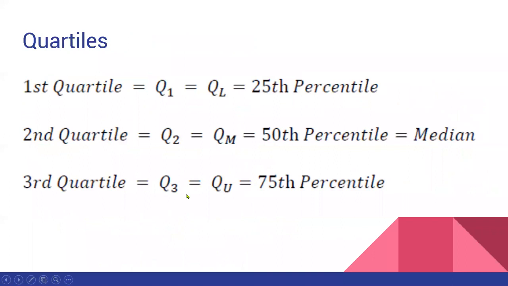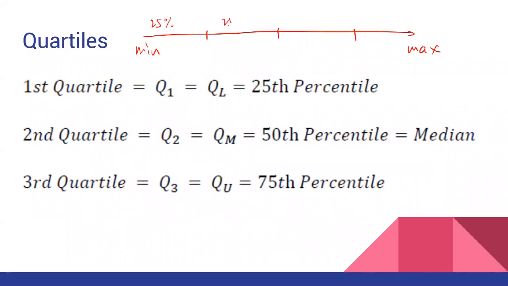Next concept. Next concept is called quartiles. This means that for a sample that is sorted ascendingly, we divide this sample into 4 parts. Each part consists of 25% of all the data. And the first number here is called Q1, which is first quartile, or sometimes they call it the lower quartile.